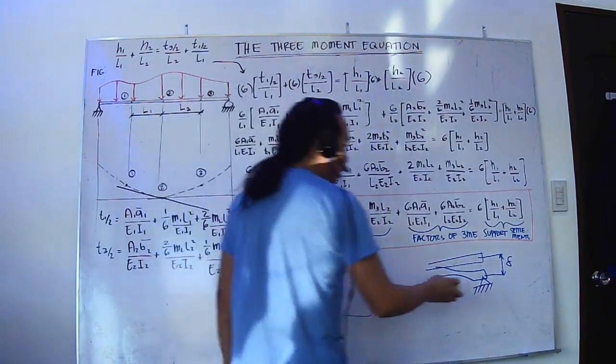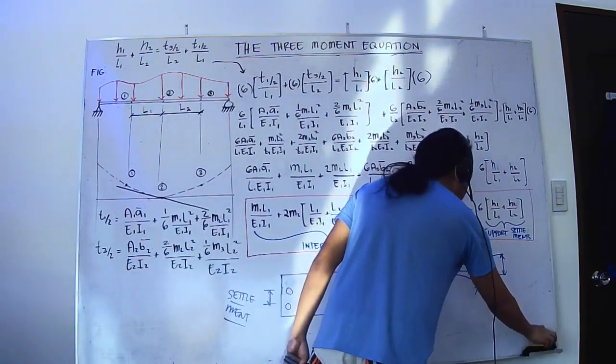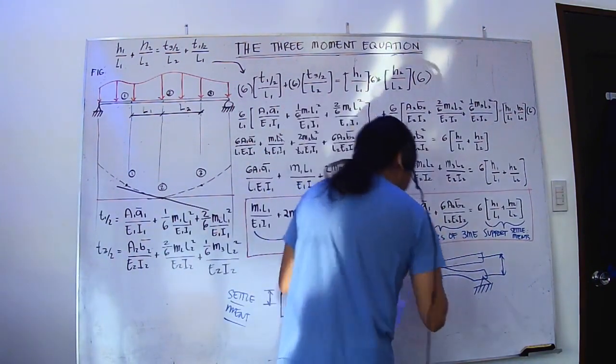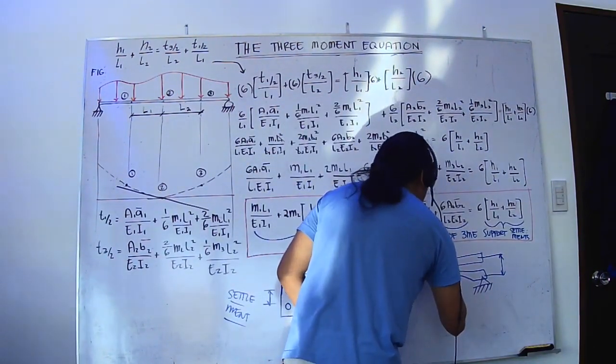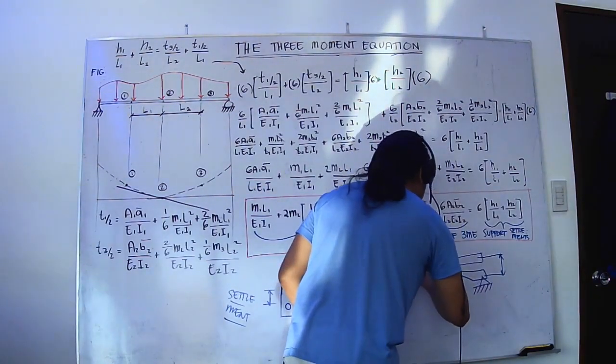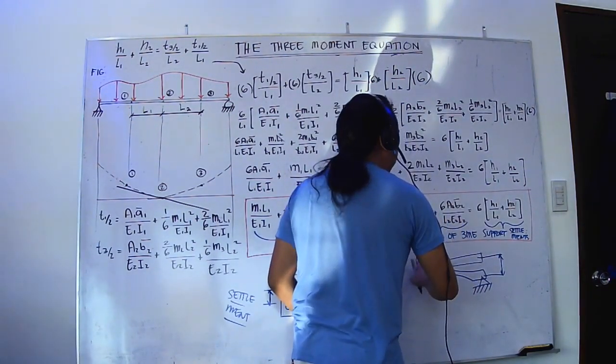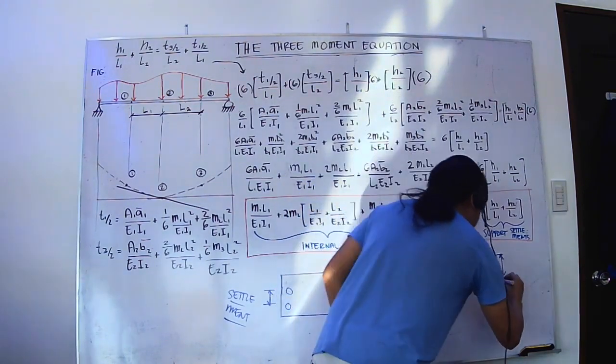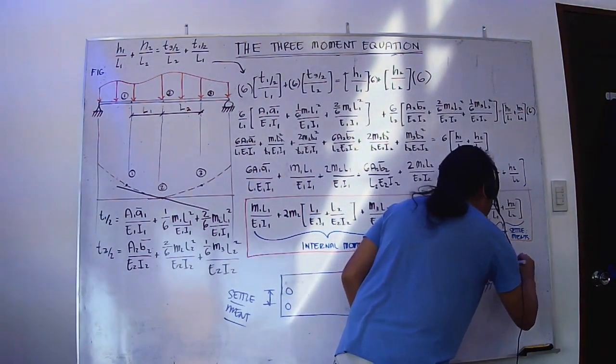So if that is the case, we could just say this is our point 1, this is our point 2, this is our point 3. Then this is our H2.